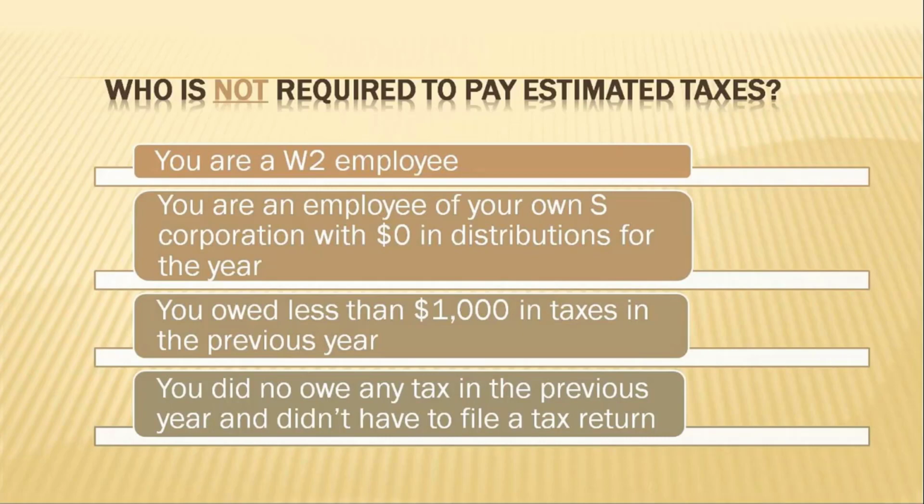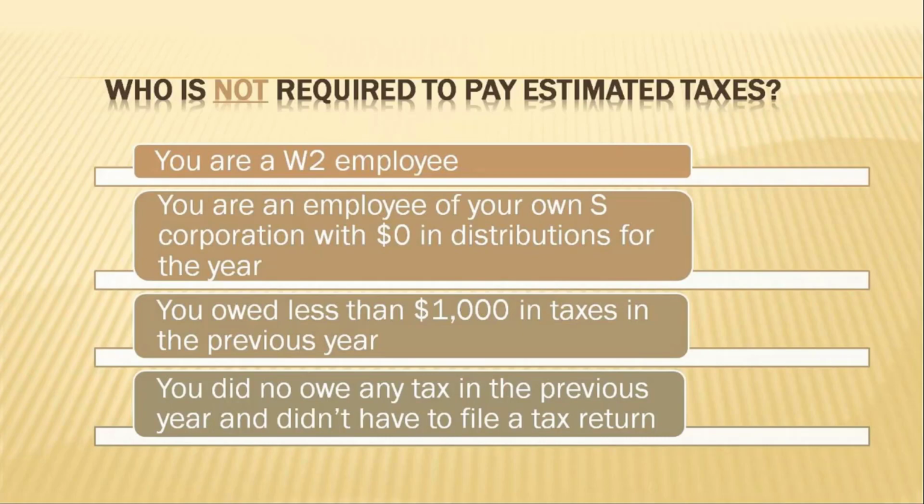Now, that being said, even though you're not required, I always say it's best practice to go ahead and pay it anyway, especially if you know that you're going to have a much better year in 2019, or let's say in the subsequent year. Let's say the prior year, you just started your business and you only brought in, let's just say $30,000. And by the time you finished all expenses and everything else, you owed less than $1,000 in taxes.